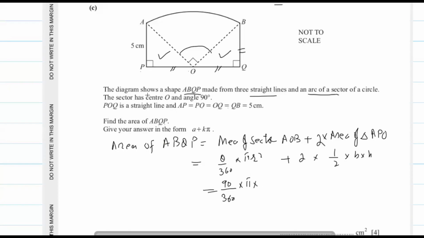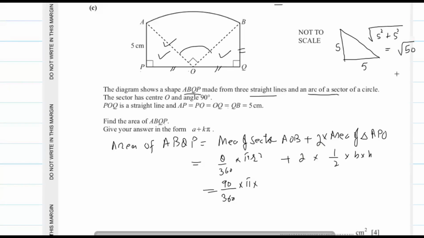This length OA is the radius, and we can calculate this length OA by using the Pythagoras theorem. Therefore, here the base is 5, height is 5. This will be equal to square root of 5 square plus 5 square. This is equal to square root 50.